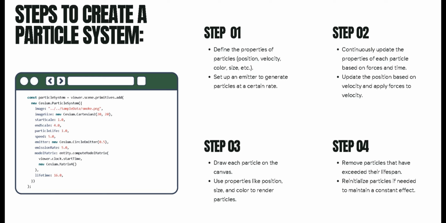Some of these properties are dynamic. Instead of using a single color property, there is a start scale and end scale. This allows you to specify that the particle size transitions between the start and the end scale over the course of the particle's life. Start color and end color work similarly.